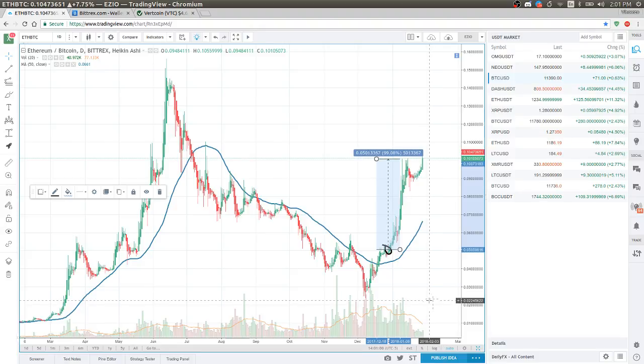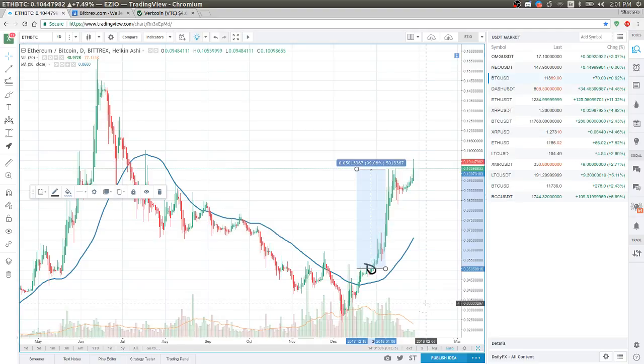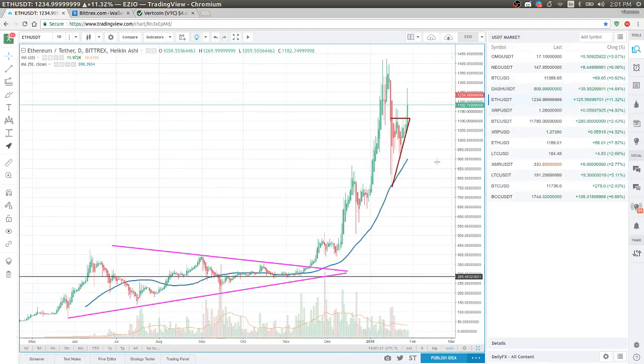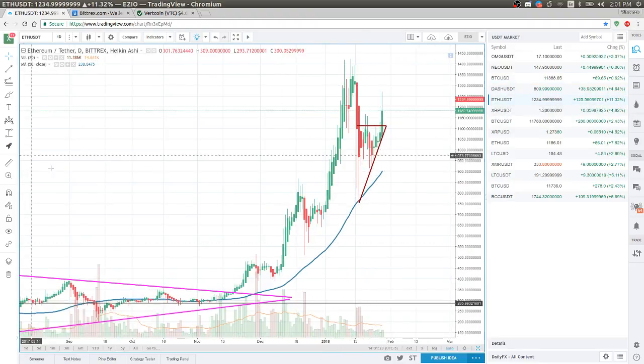Sure, you see it, but it's not going to happen that fast. Ethereum though, the price is still low compared to BTC, so for sure it can go higher. I made lots here, and on Ethereum USDT too. There were big percentages.